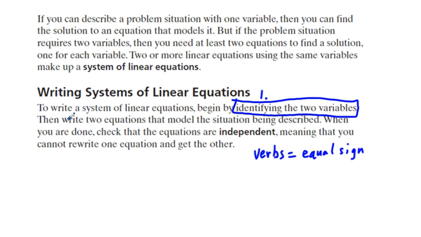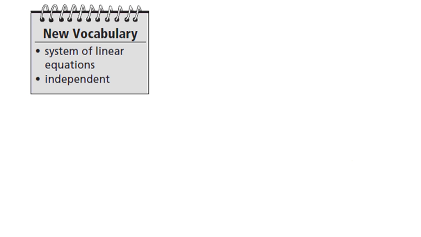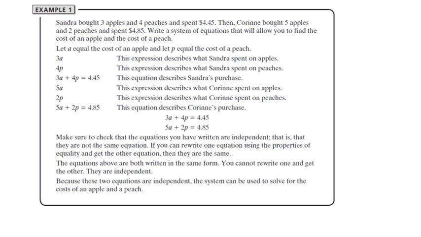So it's going to be a matter of picking out which verb, and then the numbers, and you get a knack for it doing this over time. New vocabulary: systems of linear equations, independent. We talked about independent, like independent and dependent variables. Time is often independent, but we're just going to go ahead with this.